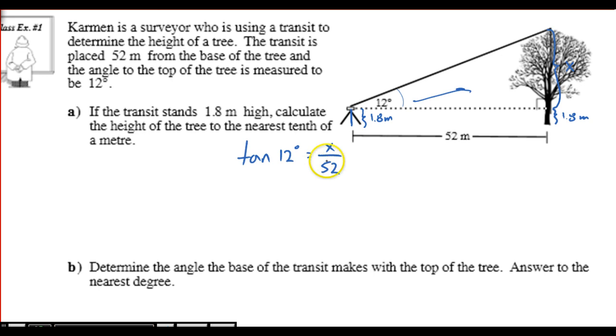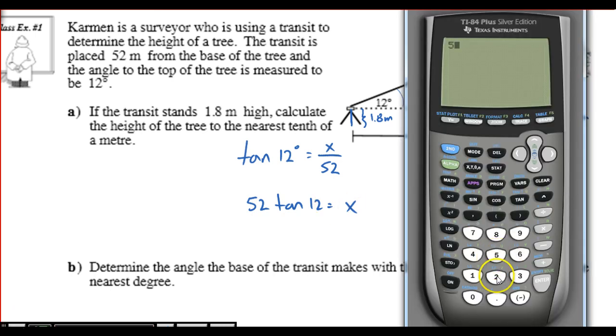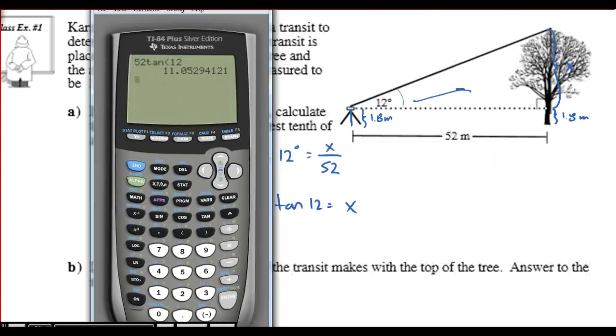Then finally I've got to get that 52 over, so I'll multiply both sides by 52. 52 tan 12 is going to equal x. On my calculator, I'll go 52 tan 12, and that's 11.05.